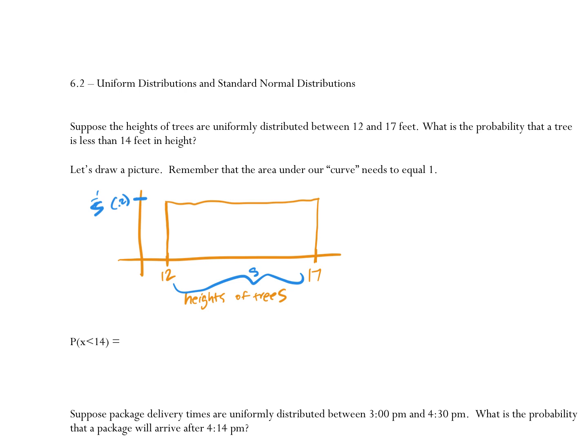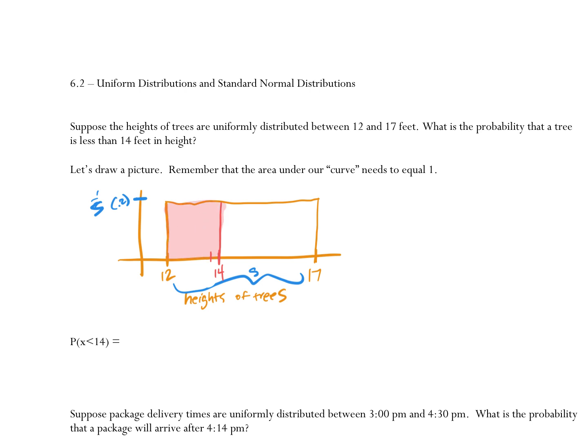So my question becomes, let's say I'm randomly selecting a tree. What's the probability that it is less than 14 feet tall? Well, 14 feet would be right about here. According to the density curve, less than 14 feet would be this section. So the question is, what is this area?